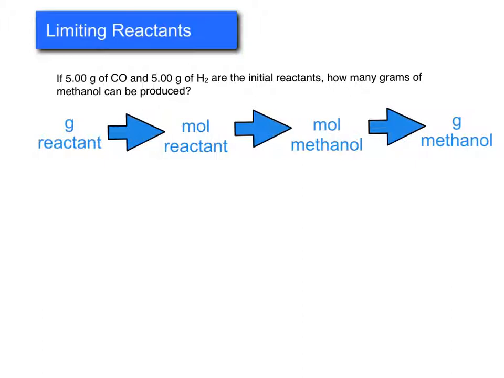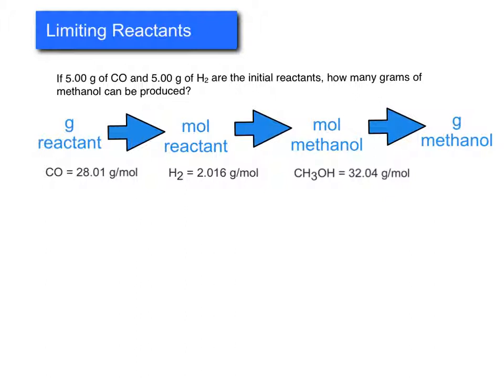Okay, so first we need the molar mass of carbon monoxide, which is 28.01 grams, and the molar mass of H2, which is 2.016 grams per mole, and then the mass of methanol, which is 32.04 grams per mole. All right, and then we're going to set up both of the problems.